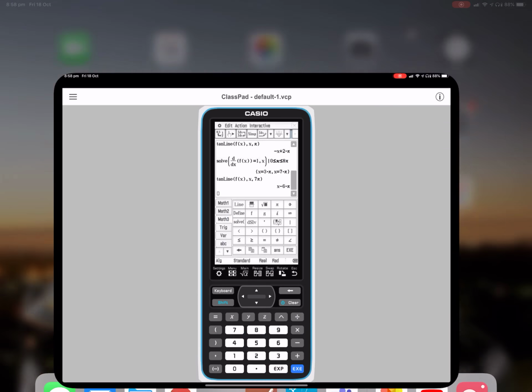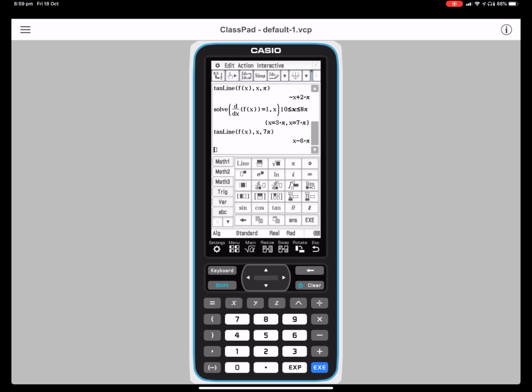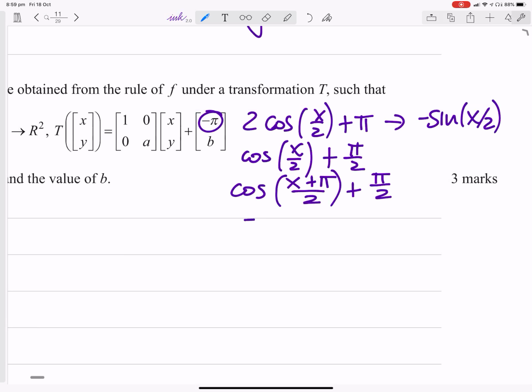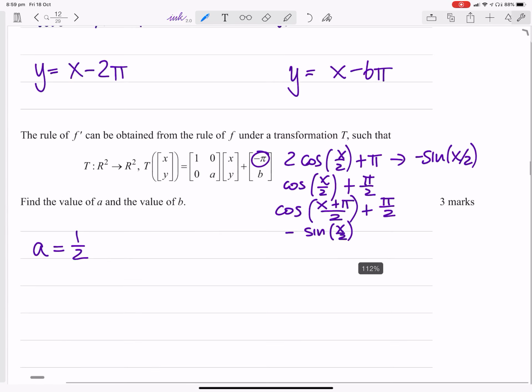So let's see, if we've got cos of x plus pi on 2, does that equal anything else? It's negative sine of x on 2.